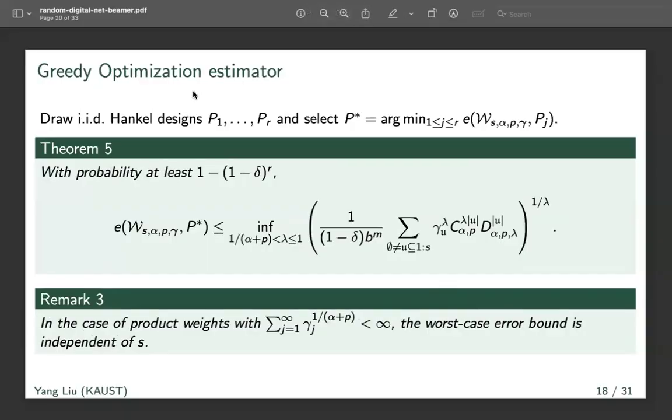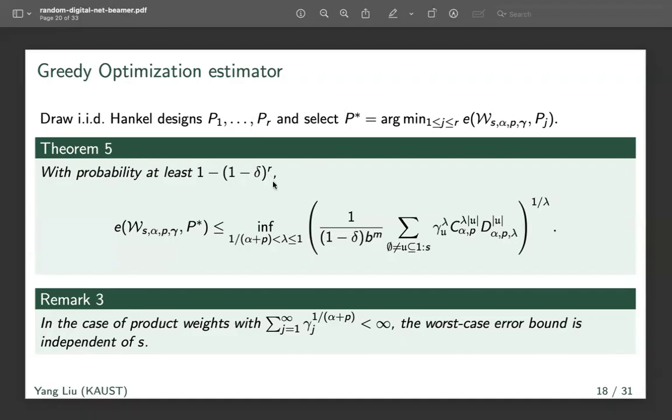So the second estimator is what we call the greedy optimization estimator. As we mentioned, we will construct this generating matrices randomly. So the first step we can do is generate several replicas of these generating matrices, and we choose the one that minimizes a certain worst case error bound, and then we just perform the usual randomized RQMC on the chosen design of this matrix.